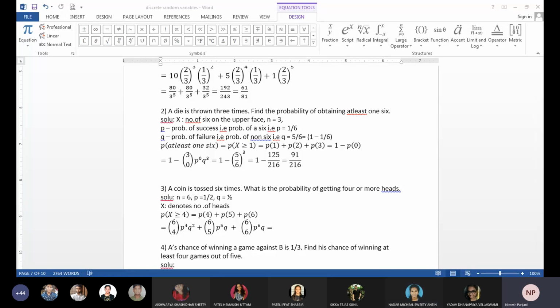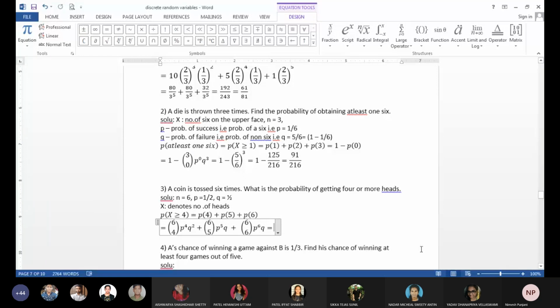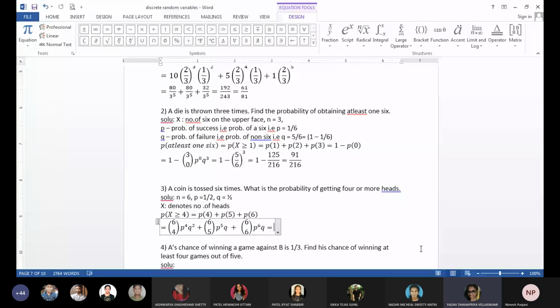Then Priya, is it clear to you this part? Yes, sir. Okay. So now what is the value of 6C4? What is the value of 6C4? 15. Okay, good. So 6C4 is 15.